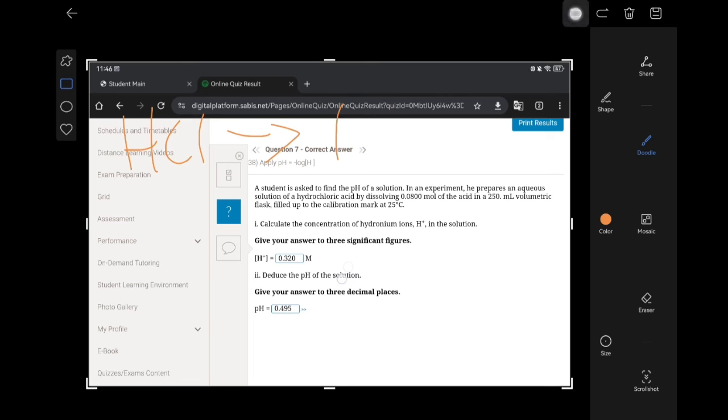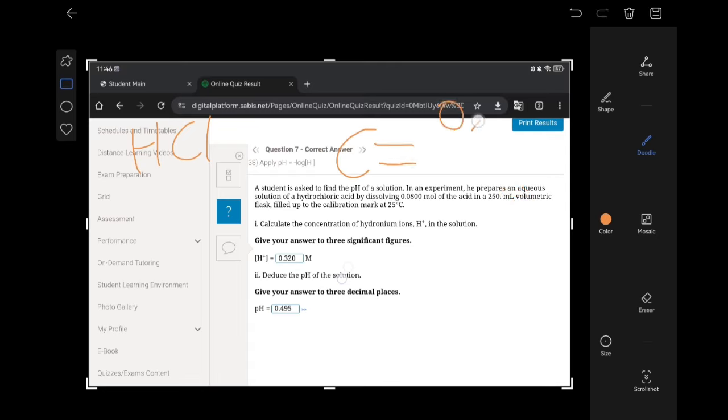So you find the molarity of HCl, which is C equals n over V. We have the n and we have the V. Again, make sure it's in liters.